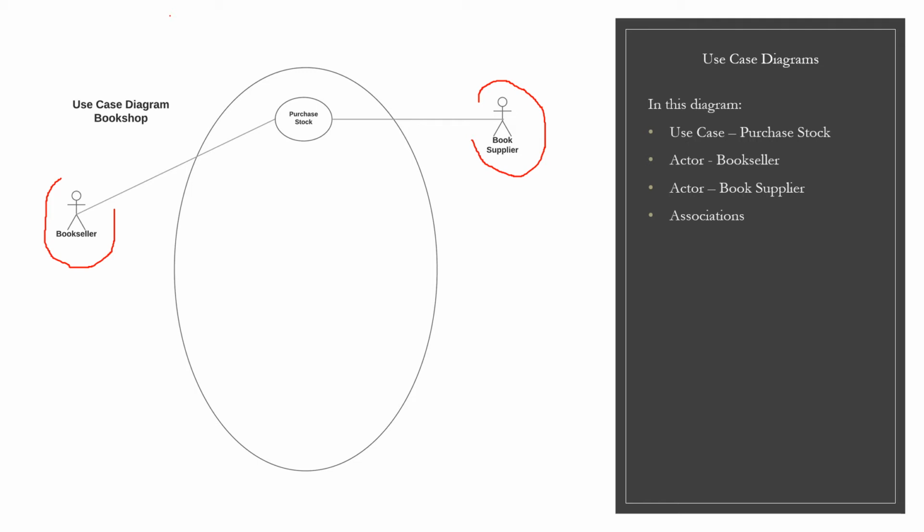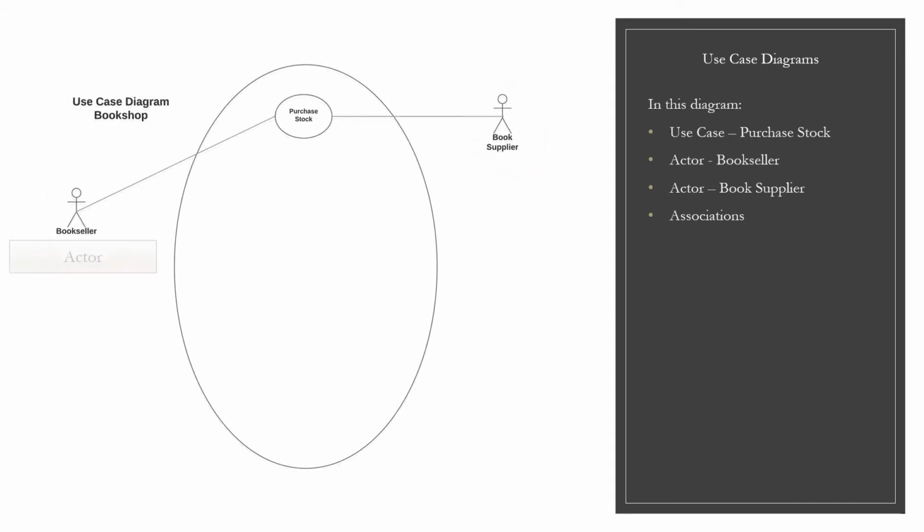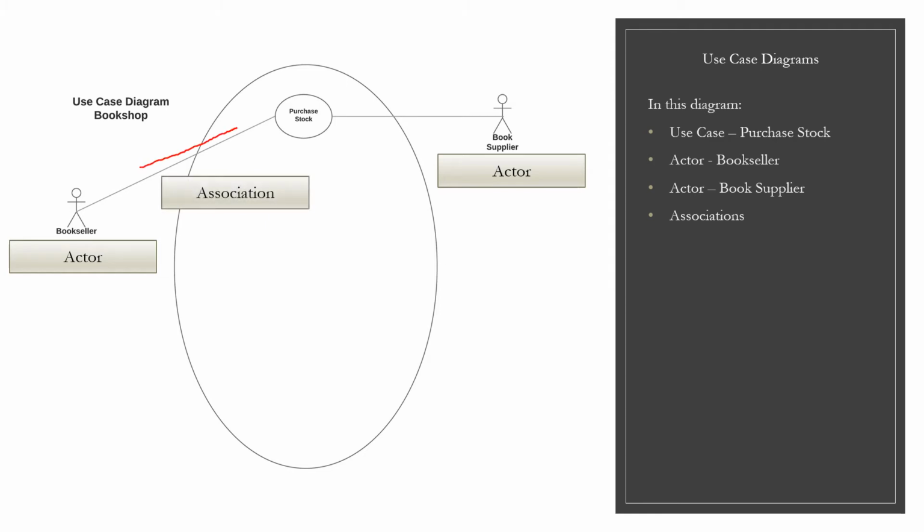They are shown outside the system boundary as stick people with a clear label showing who they are. So what we now have is two actors with their associations with the use case, the process, shown by these lines.